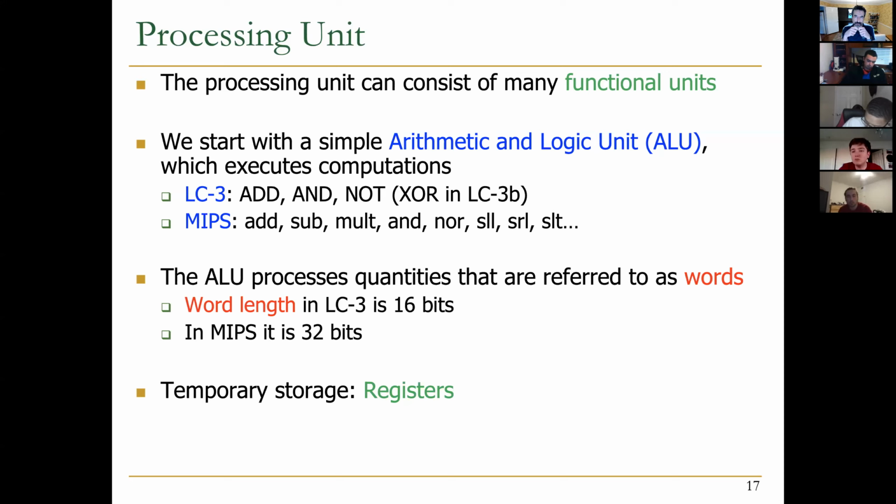Instead of directly working in memory, you load the data into these registers, and you do this calculation with these registers. These are particular temporary storage, very close to the processing unit, inside the processing unit, essentially.